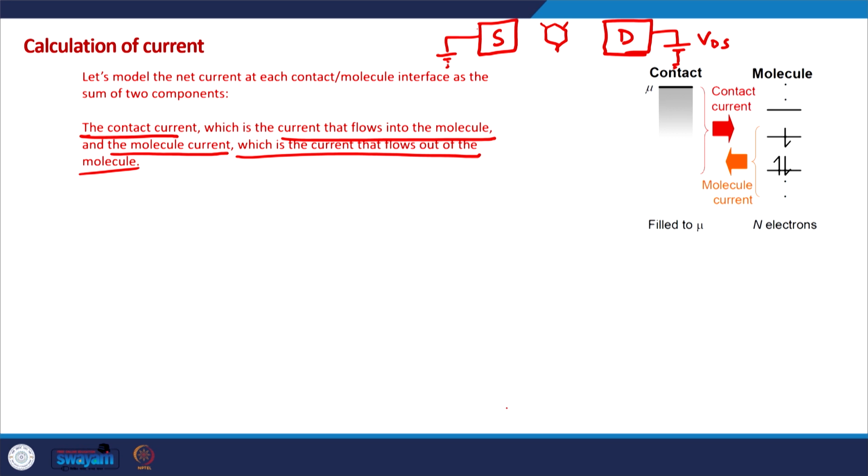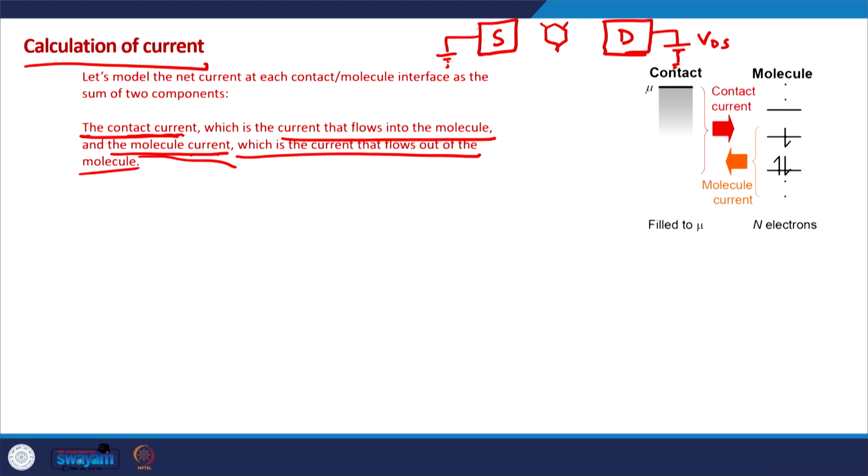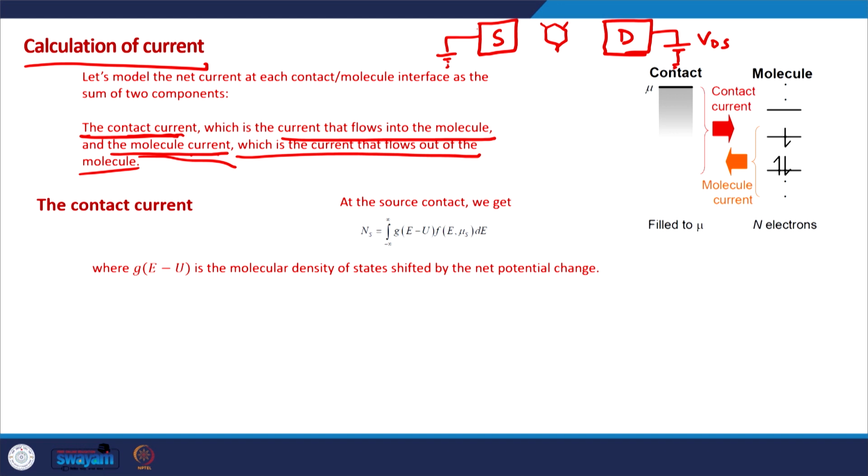So the reason that we are dividing the current in the system in two components, the contact current and the molecule current, is that the contact current depends on the occupancy of energy levels in the contacts. It depends on the number of electrons in the contacts, and the molecule current depends on the number of electrons in the molecules. Okay. So that's why we have divided the total current in these two components. So the contact current depends on the Fermi functions of the contacts.